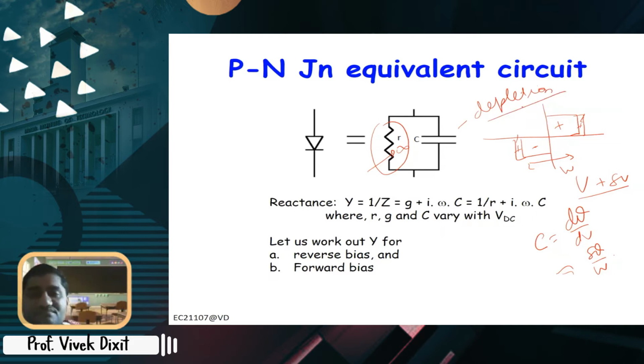What will happen in forward bias? If you recall, in forward bias the depletion region is reduced, and minority carriers are injected here. So you have two types of charge, depletion charge and minority carrier charge. When you increase the voltage, let's say V becomes V plus delta V, then the carrier charge will increase and the depletion charge will reduce.